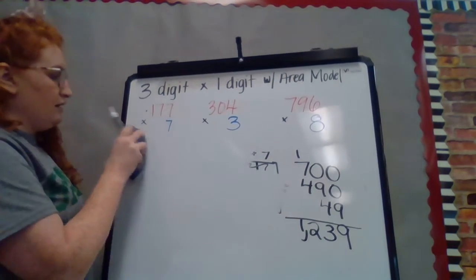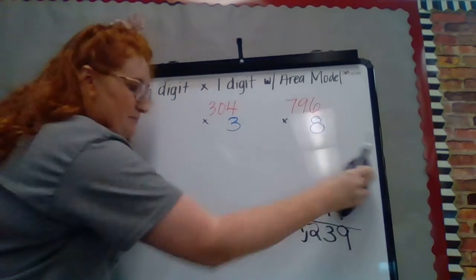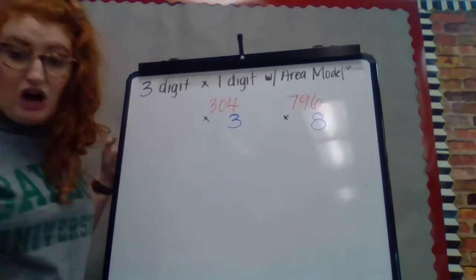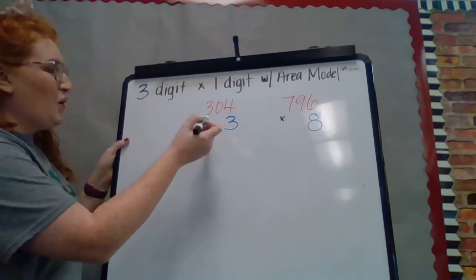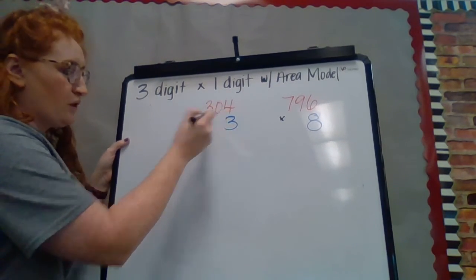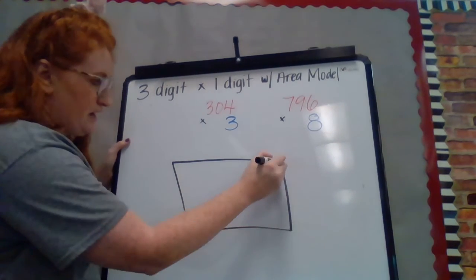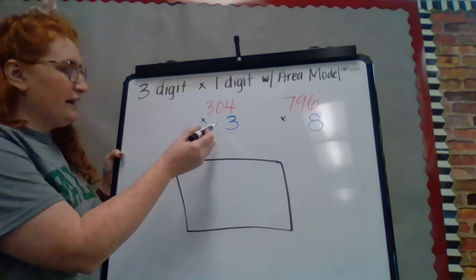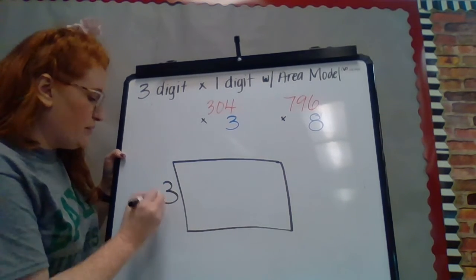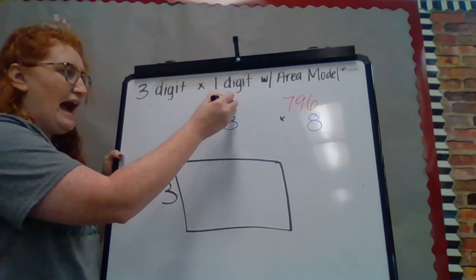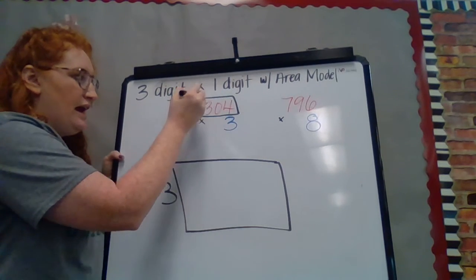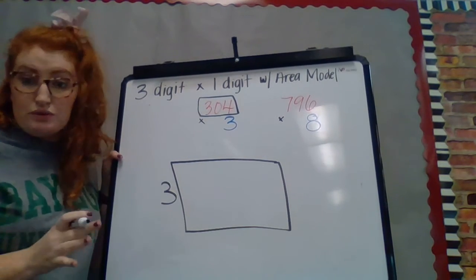Hopefully, this is making sense, but just in case it's not, we'll try one more. Okay, we're going to take a look at 304 times 3. So again, take my box, and this one's kind of a funky box, sorry. I know that 3 is what we're multiplying by, so that goes over there. And I have to take 304 and put it into expanded form.